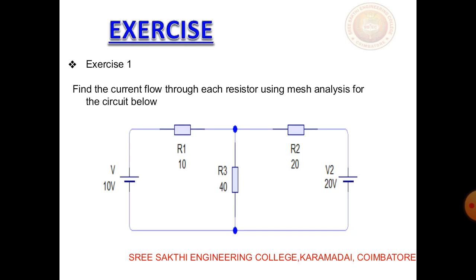This is your given circuit. They are asking you to find the current flowing through the circuit using mesh analysis. You have two voltage sources, 10 volt and 20 volt, then R1 is 10 ohms, R2 is 20 ohms and R3 is 40 ohms. We are going to see how to solve it.